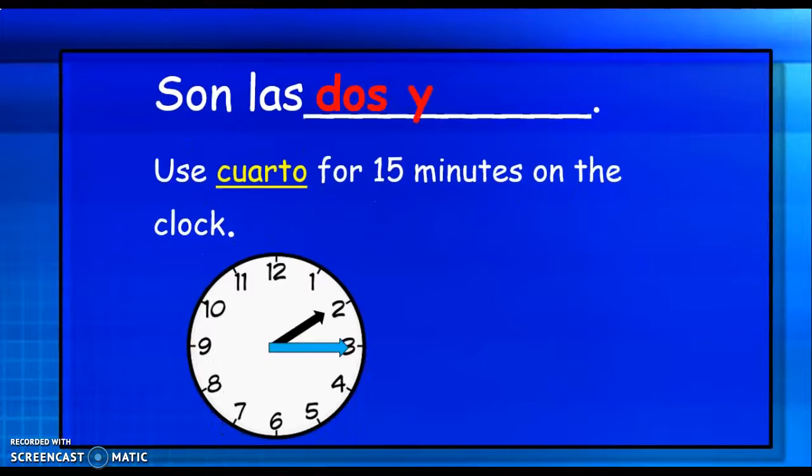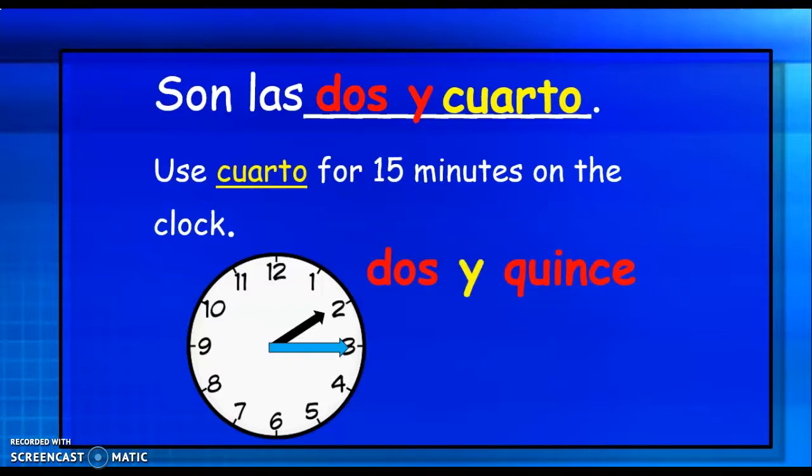Son las dos y quince would be what you would say for 15 minutes after the hour. It looks like the word quarter, and you know that a quarter is a fourth of a dollar, or it's also a fourth of the 60 minutes on the clock. So you can say son las dos y cuarto.